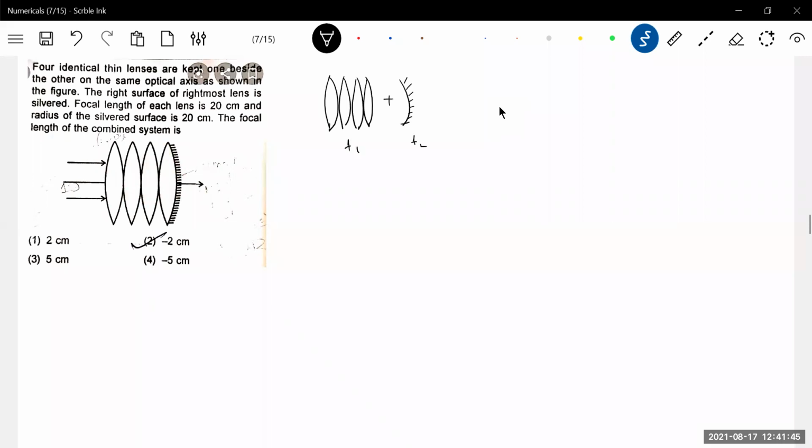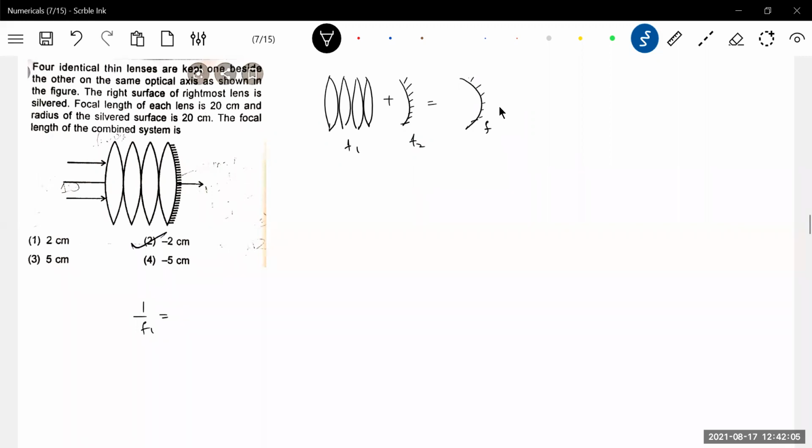This is F1, F2. Replace this with an equivalent. Okay, very simple. How to get 1 by F1?